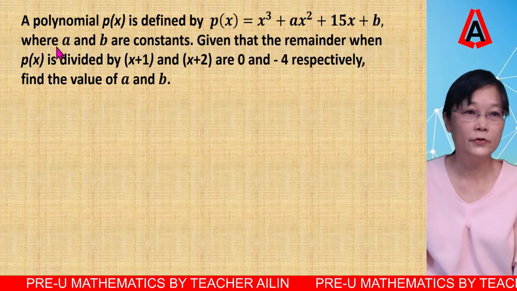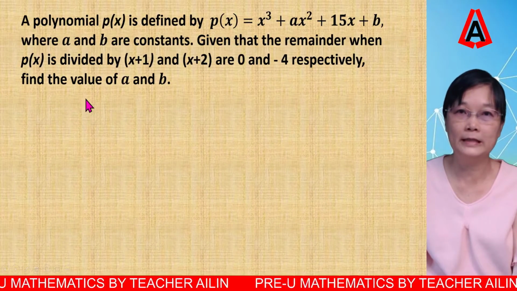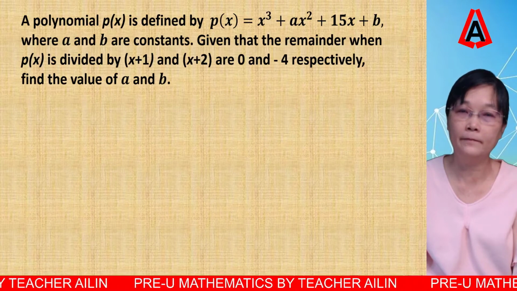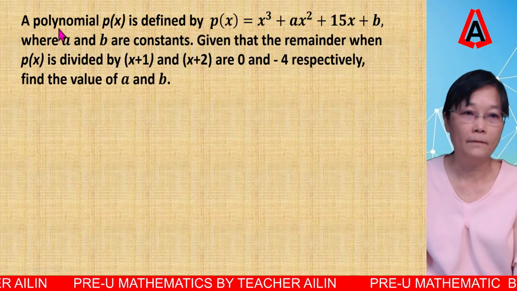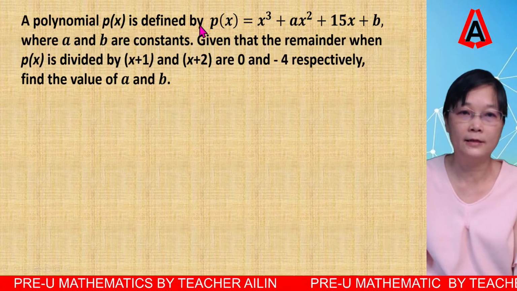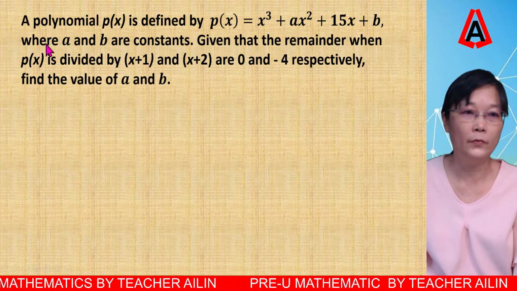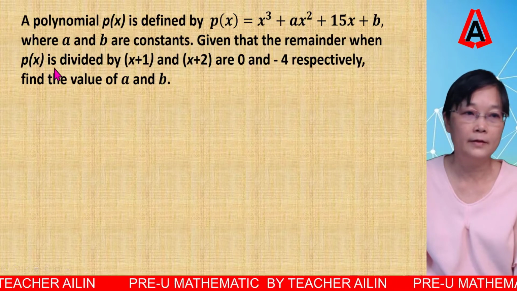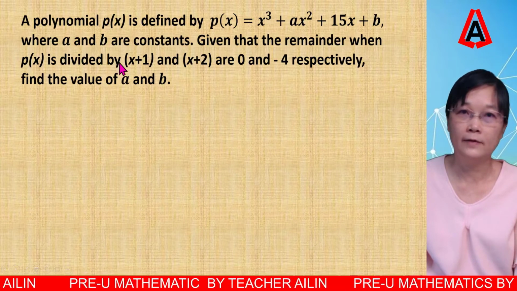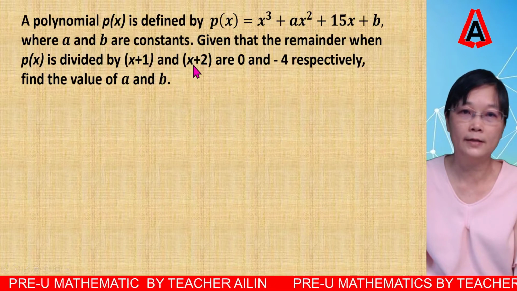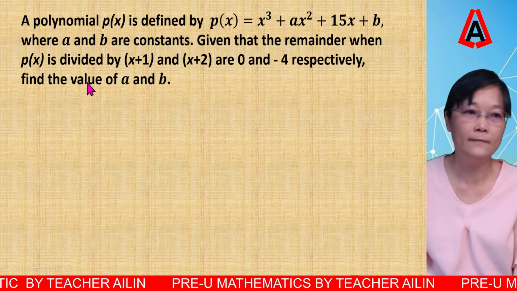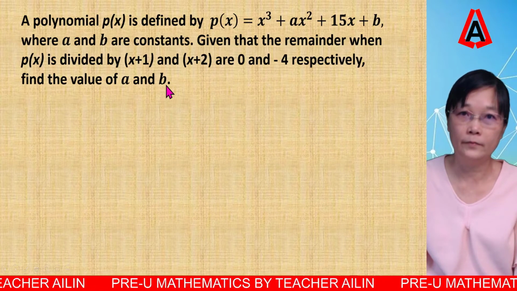Now I'm going to show you how to use the remainder theorem in solving problems involving polynomials. A polynomial p(x) is defined as here, where a and b are constants. Given that the remainders when p(x) is divided by x plus 1 and x plus 2 are 0 and negative 4 respectively, find the values of a and b.